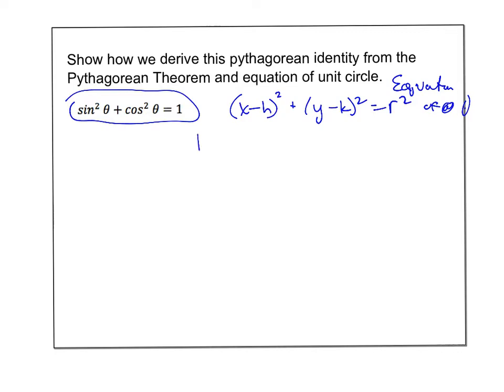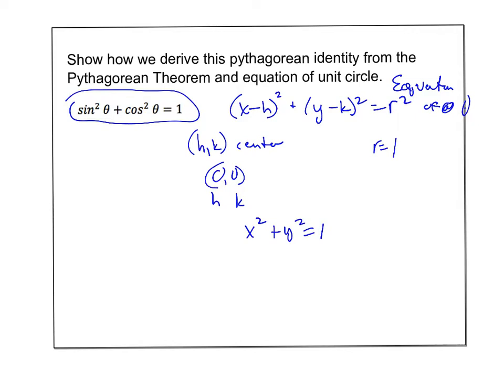We know that h and k are the center of the circle, so in this case it's 0, 0, and we know that the radius is 1. So h is 0, k is 0, and my radius is 1, so it becomes x squared plus y squared equals 1.